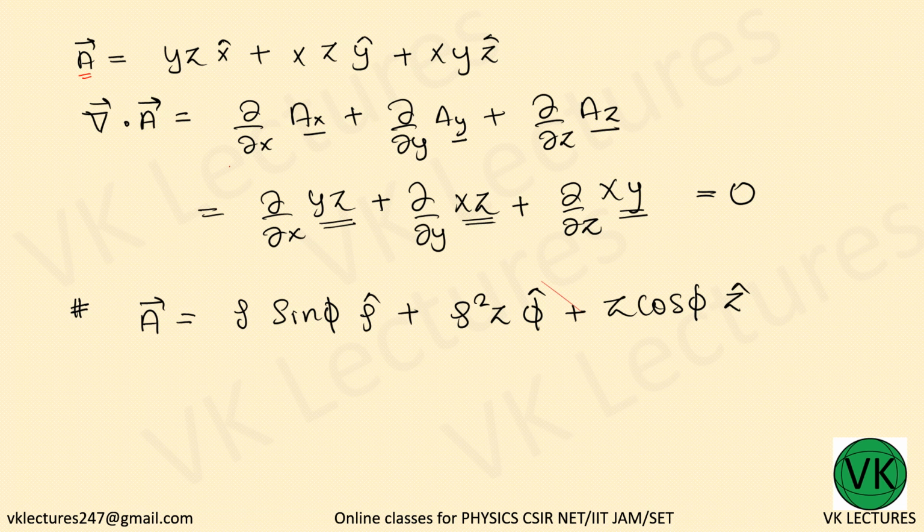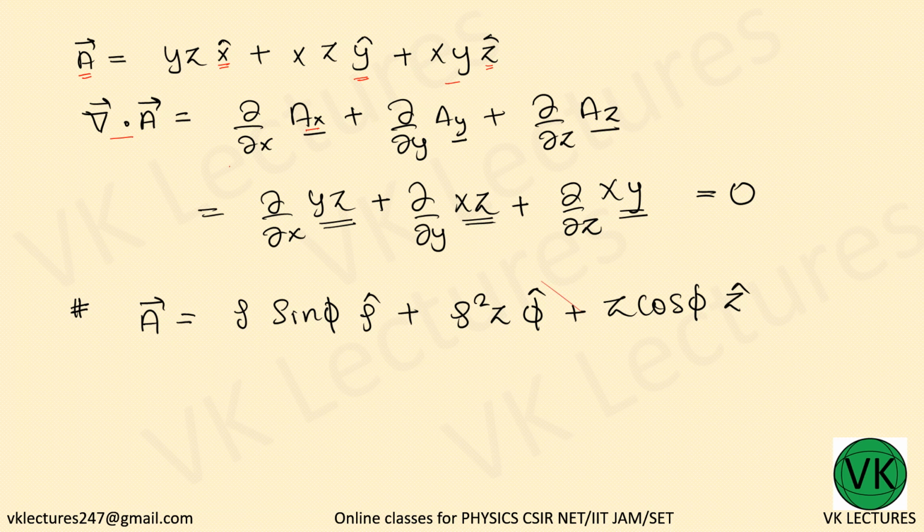The question is to find del dot A, the divergence of A, that's equal to dou by dou x of ax, the coefficient of the x cap, then dou by dou y of ay, the coefficient of y cap, and dou by dou z of az, which is the coefficient of z cap. Now dou by dou x of yz, dou by dou y of xz, and dou by dou z of xy.